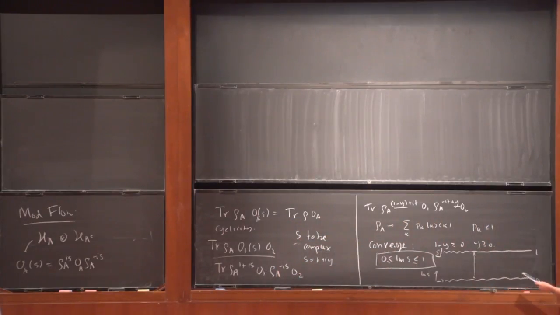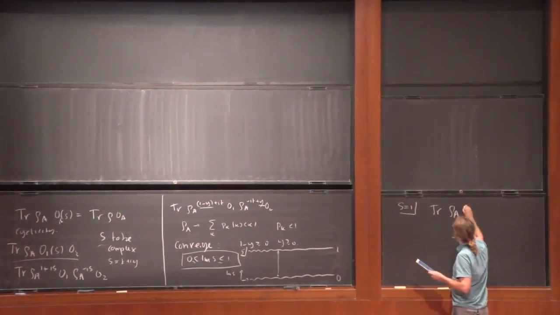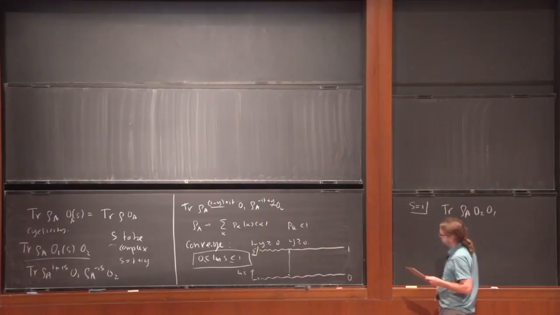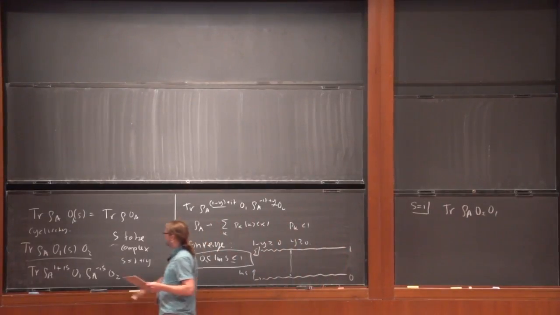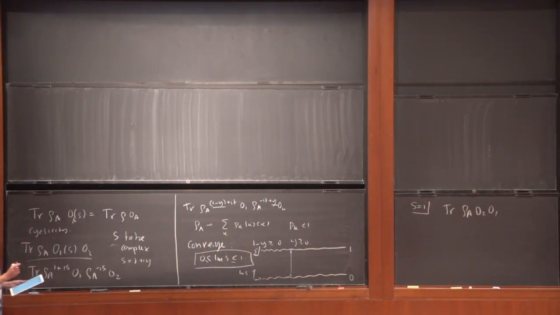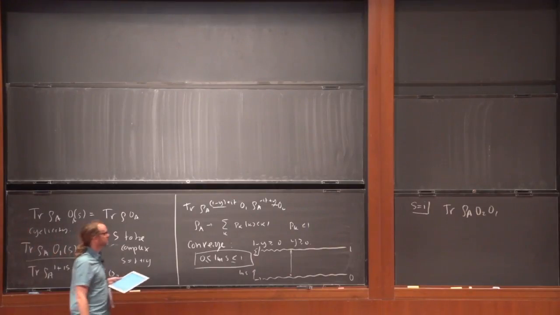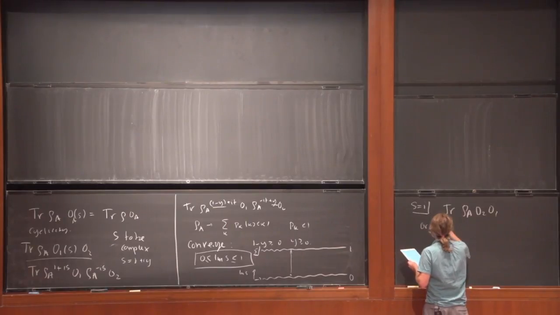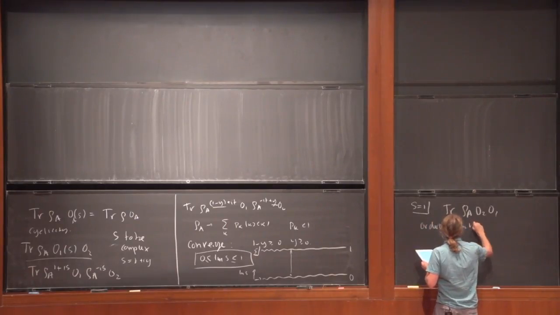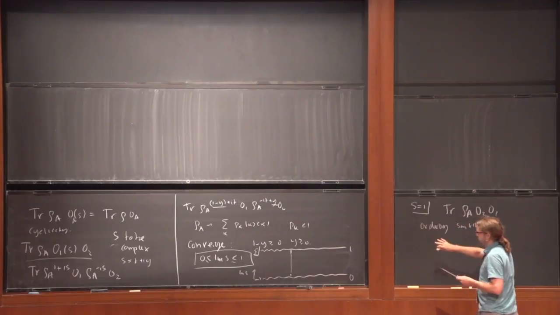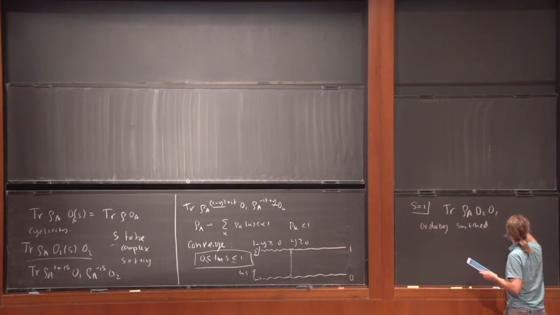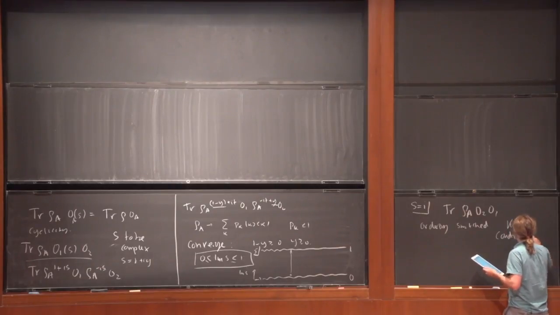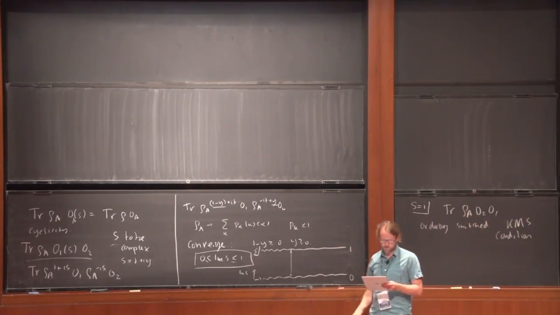So then I use cyclicity again to rearrange this, and I get trace rho A, O2, O1. And so this is like the original correlator if I set S to 0, except I've switched the ordering of the operators. And this equality is called the KMS condition. And it characterizes this modular flow.